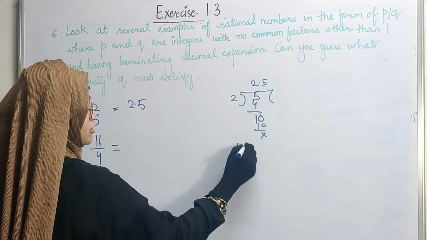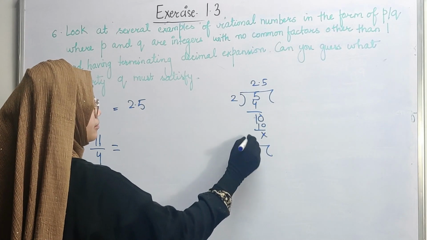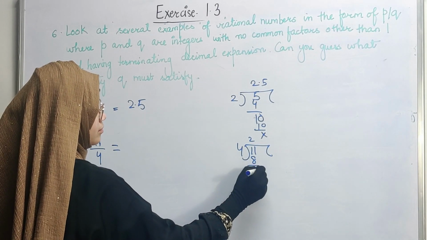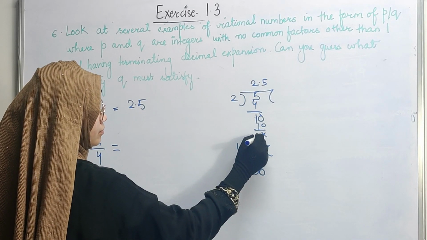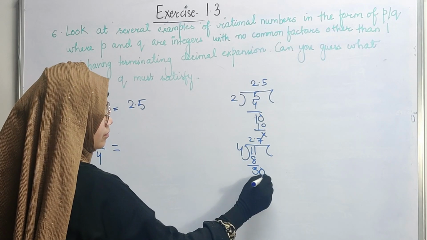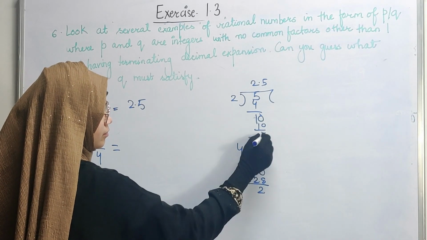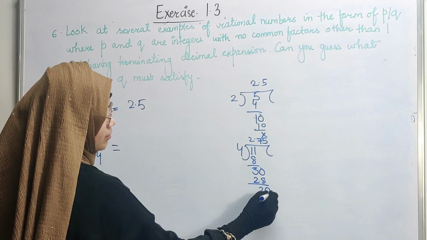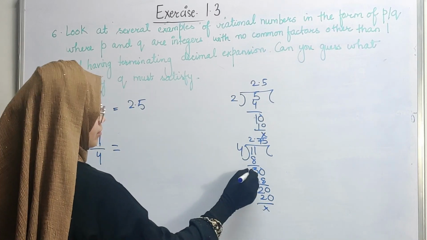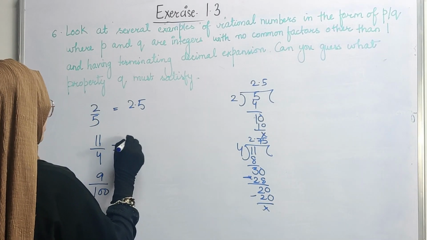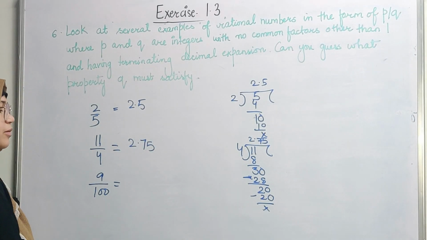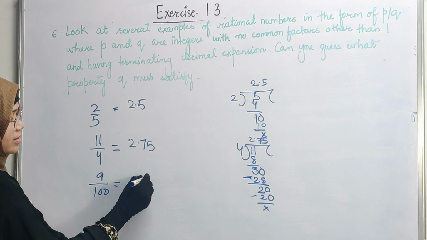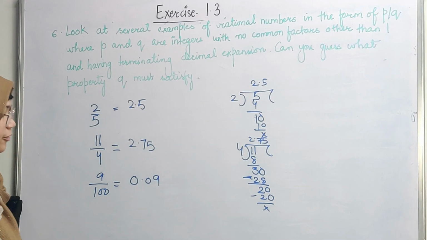What is the decimal expansion of 11 upon 4? 2.75. And what is the decimal expansion of 9 upon 100? Which is very simple. Put a decimal before 2 digits of 9. 0.09.